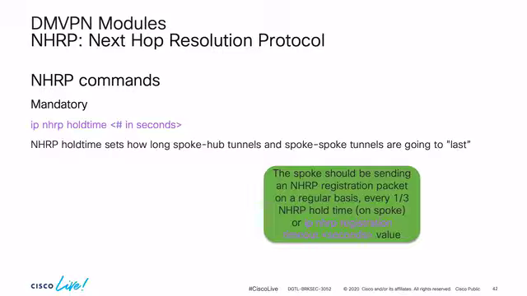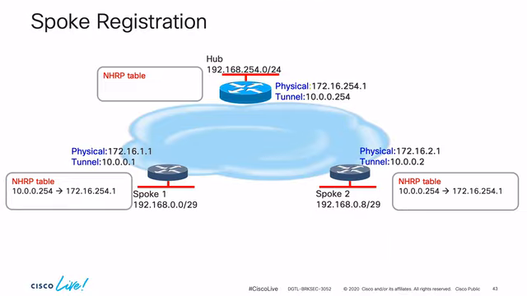So now that we know the different components within the GRE and the NHRP module, let's take a look to see how exactly the spoke registration happens.